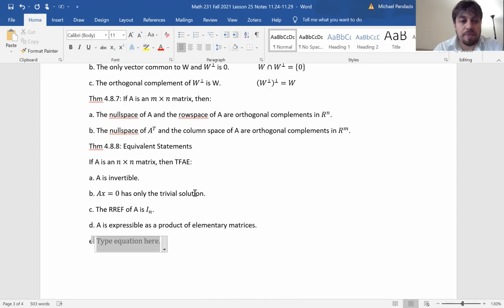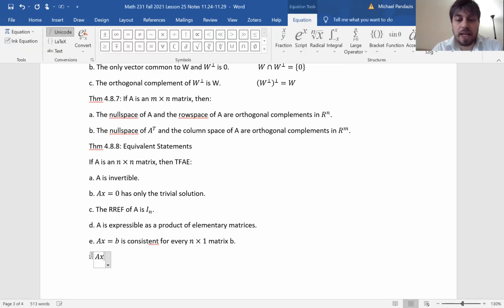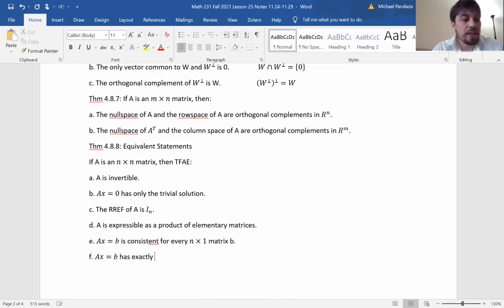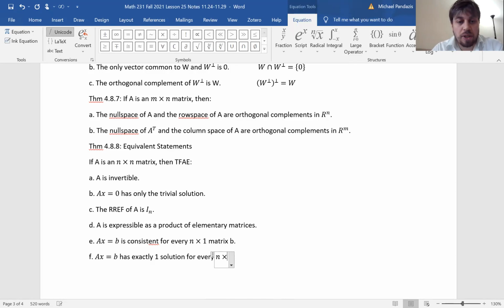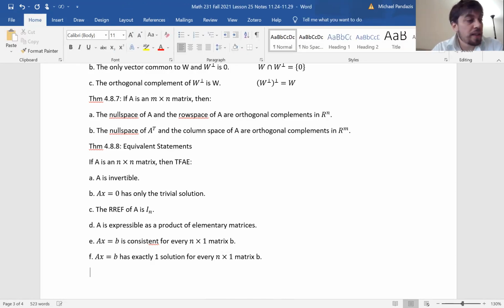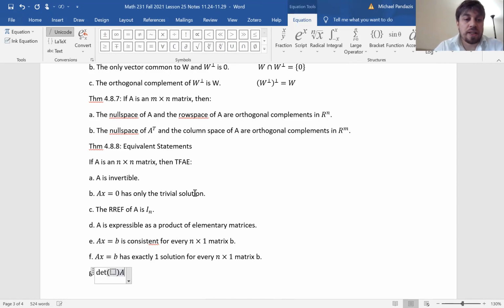Part E, AX equals B is consistent for every n by 1 matrix little b. F, AX equals B has exactly one solution for every n by 1 matrix B. G, determinant of A is not equal to 0.